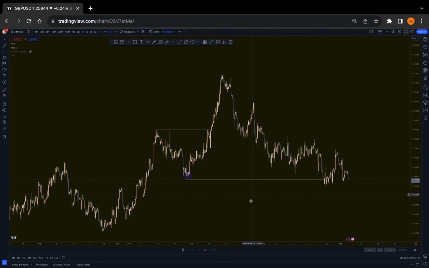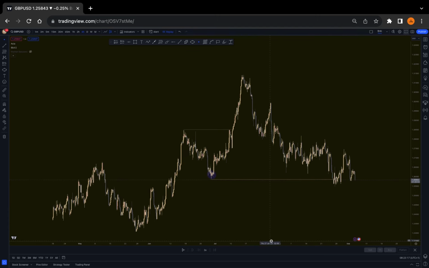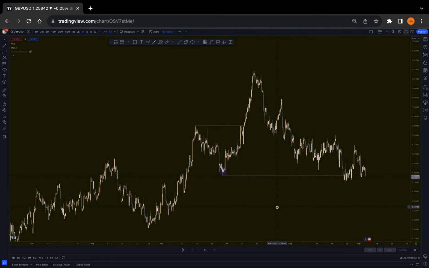There are certain things you need to see to let you know that price has switched trends. Some people mark this as price taking liquidity here.